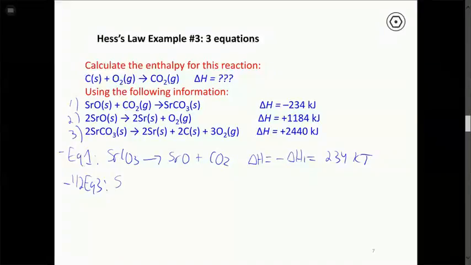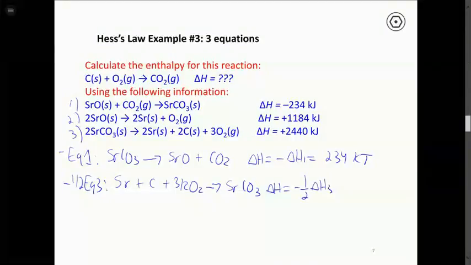So we get strontium plus carbon plus 3/2 O2 goes to make strontium carbonate. And the delta H for this modified equation is minus 1/2 times delta H3 because we've flipped the third reaction. So we do the same thing to delta H and we get a minus 1220 kilojoules.